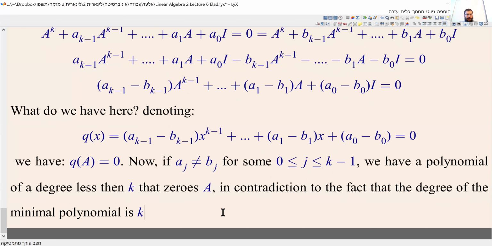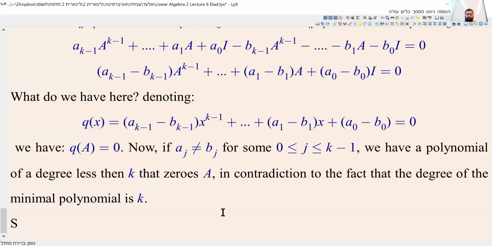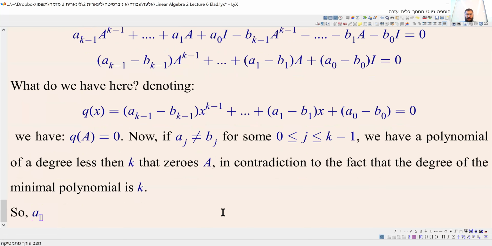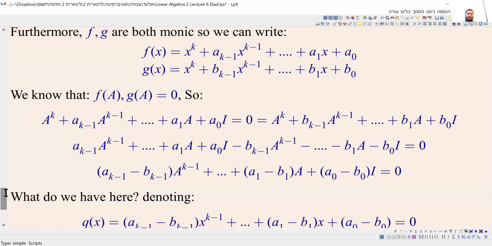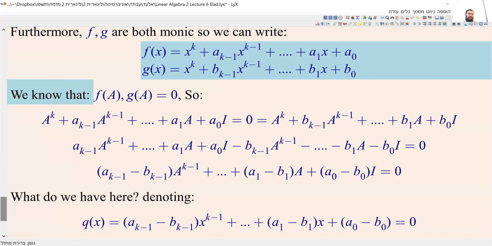Yet again, by definition, the degree of the minimal polynomial is the smallest degree of a polynomial that zeros A. So we get a contradiction, right? So a_j is b_j for every j, and the polynomials f and g are the same polynomial. They have the same coefficients.